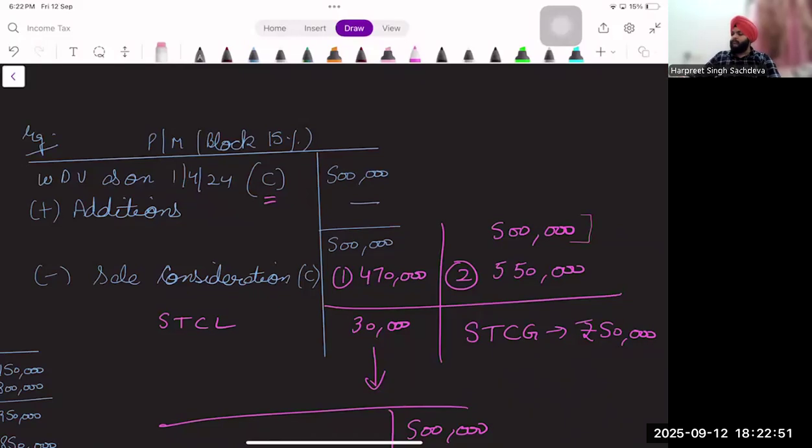5 lakh, means you sold at a higher price. You are in a profit.